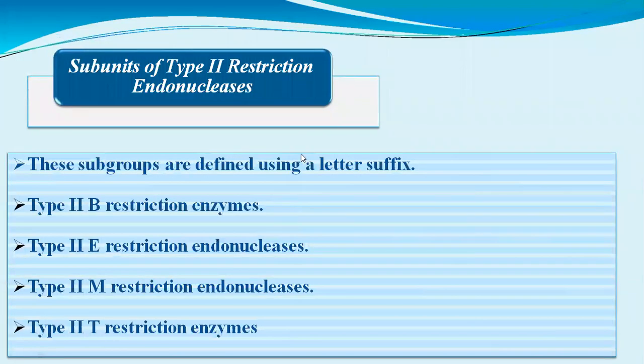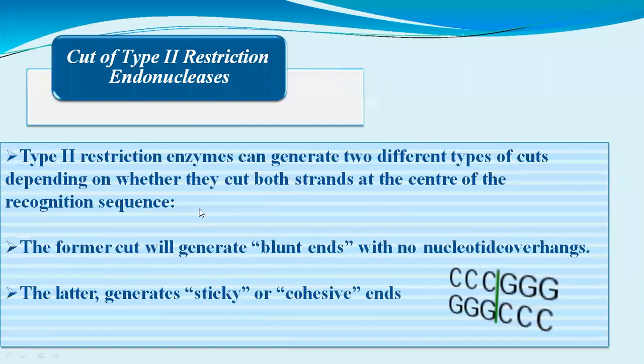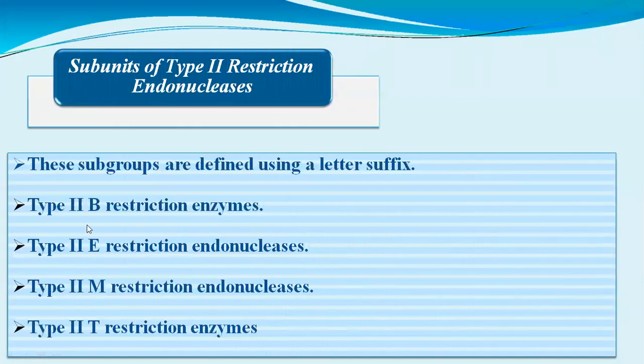Okay, so subunits of type 2 restriction enzyme. So type 2, these subgroups are defined using the letter suffix. So type 2B restriction enzymes, type 2E restriction enzymes. So these are the subunits, in the sense these are the further divisions of type 2 restriction enzymes which are a little bit different from each other.